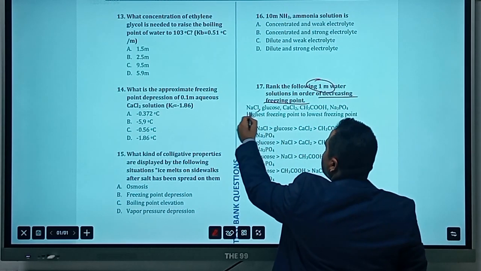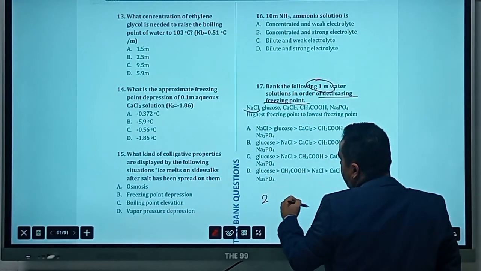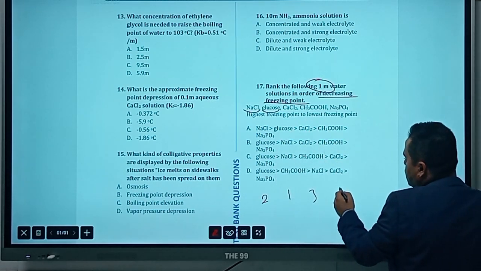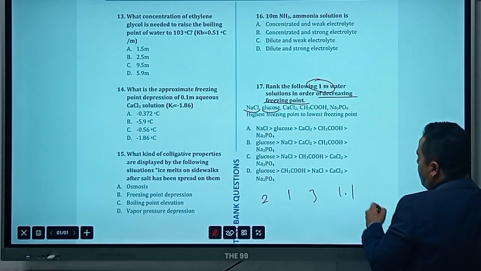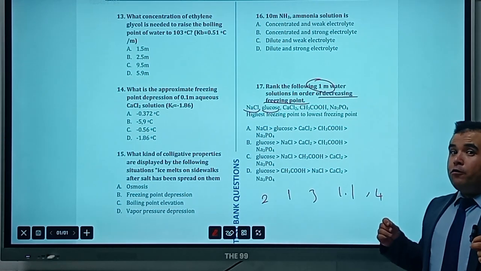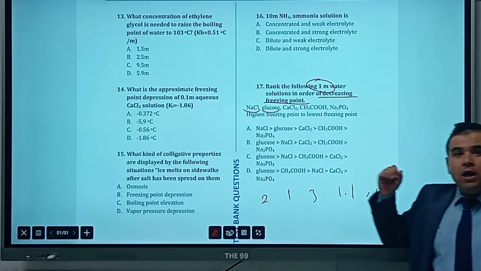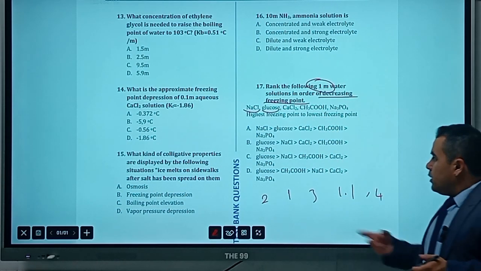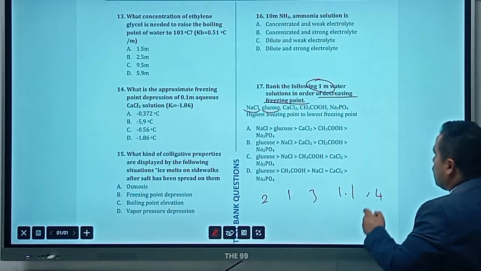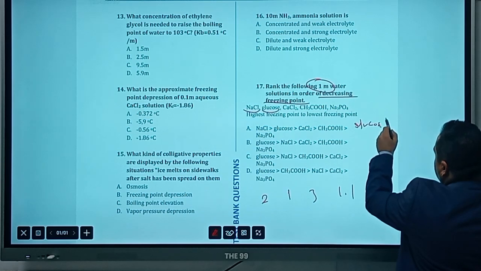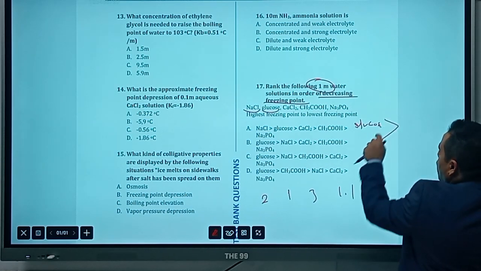The ion factor of NaCl is 2, glucose is 1, CaCl2 is 3, CH3COOH is 1.1, Na3PO4 is 4. So the order must be from the lowest number to the highest. The lowest is 1, which is glucose. So the glucose must be the first, and it has the highest freezing point.